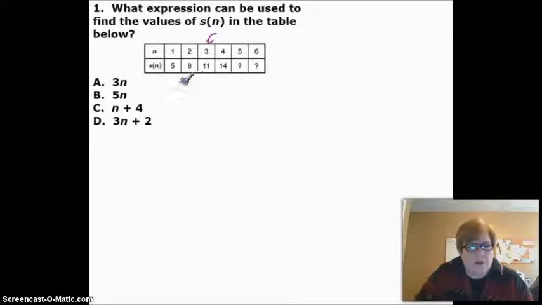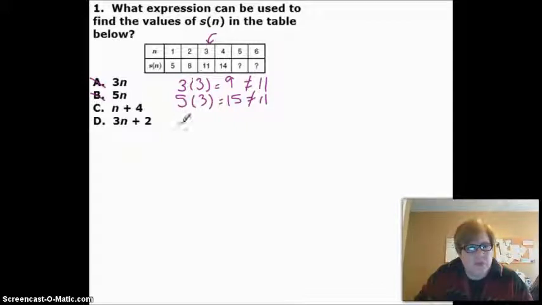Okay, so here if I say 3 times 3, I get 9, which is not equal to 11, which is what they said. So that is not what's going on here. And then 5 times 3 equals 15, which is also not equal to 11, which means that's not the pattern. Okay, n plus 4.